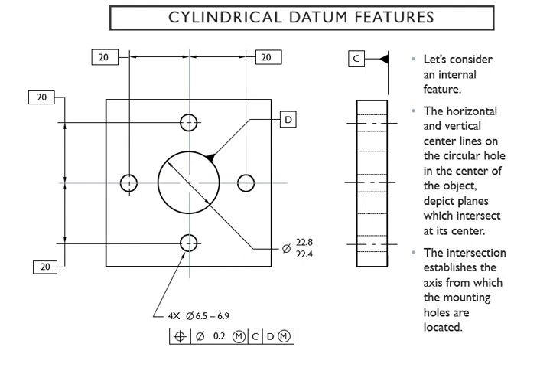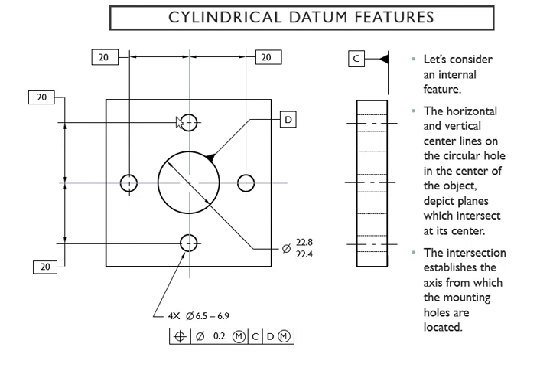And we're going to think about the internal feature, your horizontal and vertical center lines. The circular hole in the center of that object has the reference planes, and they intersect, of course, at that center, and it's showing right there. Then here's your circle, so tolerance.